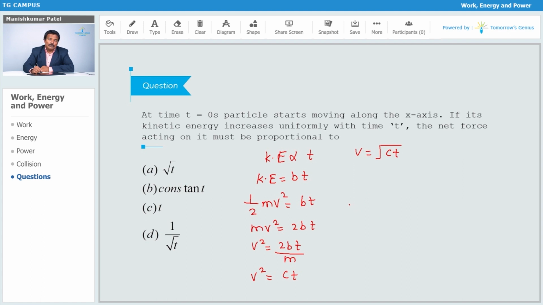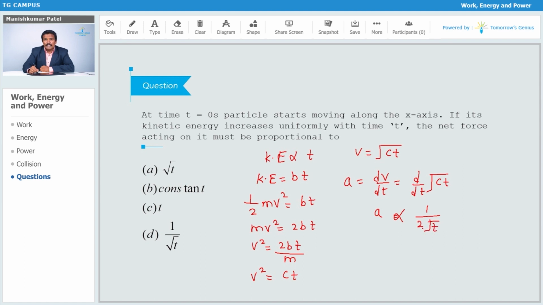Force equals mass into acceleration, and acceleration is dv by dt. So d by dt of c root t, where c is a constant. So acceleration is proportional to 1 upon 2 root t.